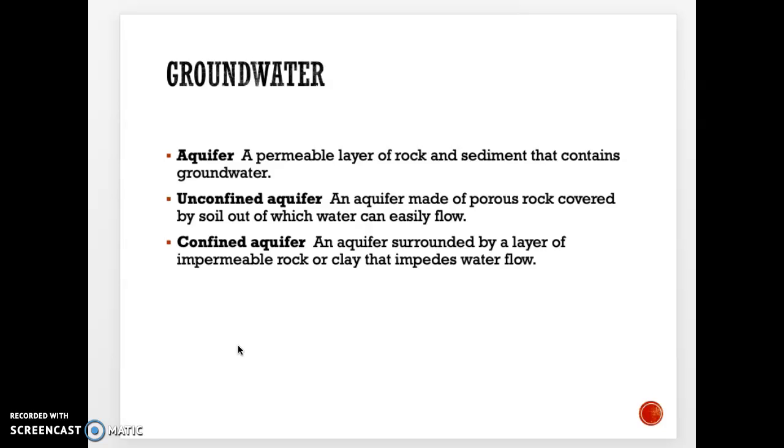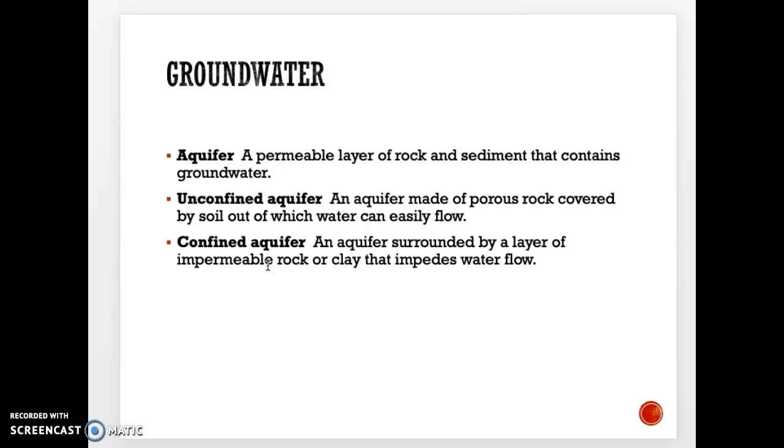But one that is closer to the surface, those are typically considered unconfined aquifers because they actually have porous rock that meets the surface. So unconfined aquifers are usually recharged regularly by precipitation through weather-related events. A confined aquifer is typically found even lower in the ground, and it is surrounded by impermeable rock.